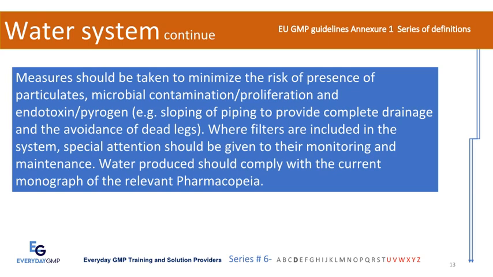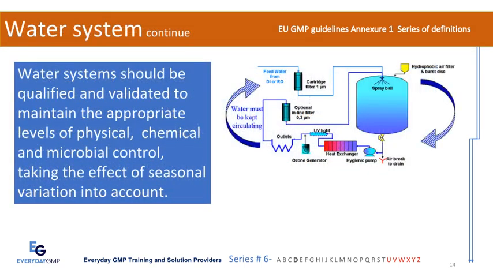Where filters are included in the system, special attention should be given to their monitoring and maintenance. Water produced should comply with the current monograph of the relevant pharmacopoeia. Water systems should be qualified and validated to maintain the appropriate levels of physical, chemical and microbial control, taking the effect of seasonal variation into account.